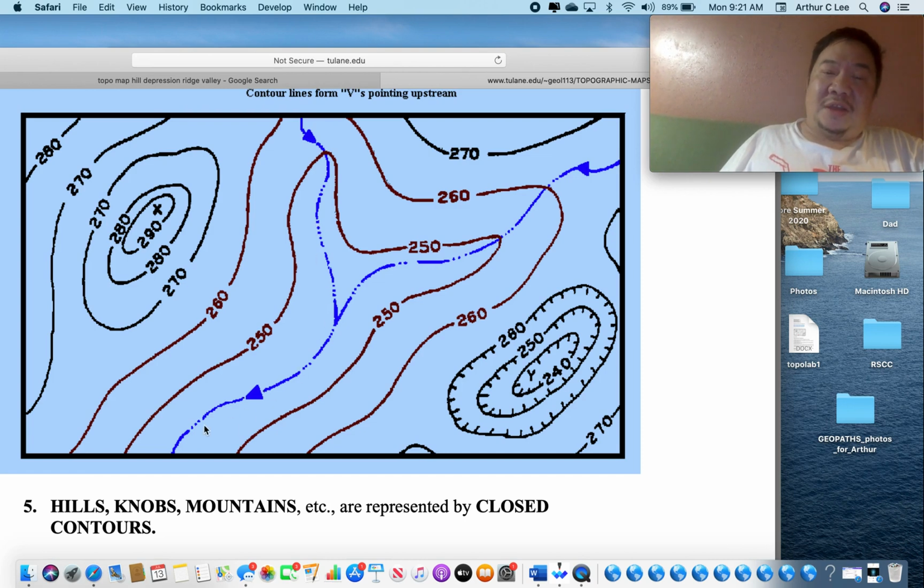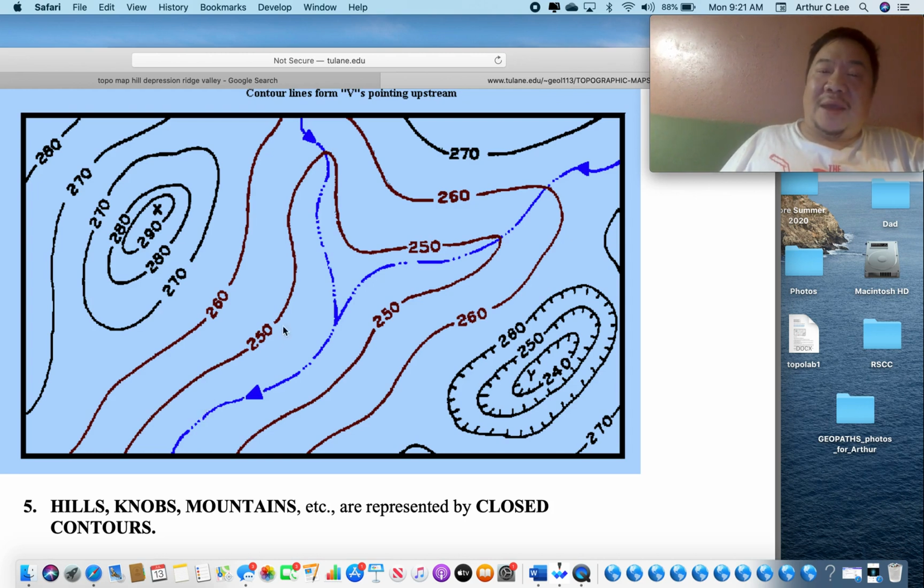And this must be a valley too, because a river is flowing through it, and rivers only flow through valleys. Rivers flow downhill. So another way of saying it is, for a valley, the contour lines will U or V, sometimes they're V-shaped, but they'll point upstream. So this creek is flowing to the southwest.